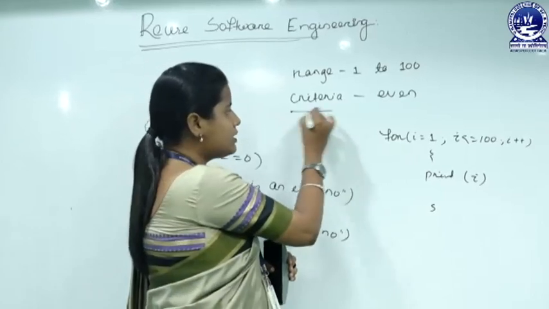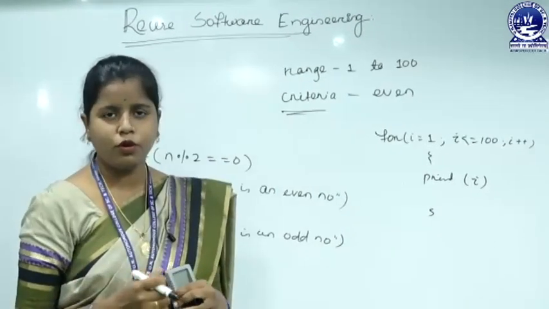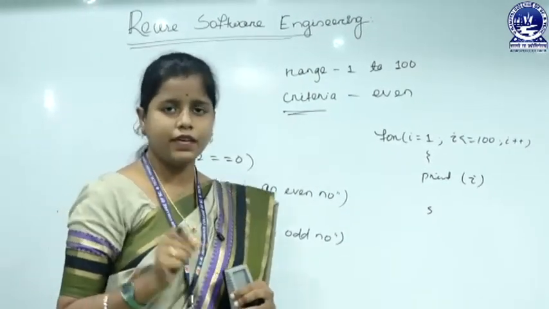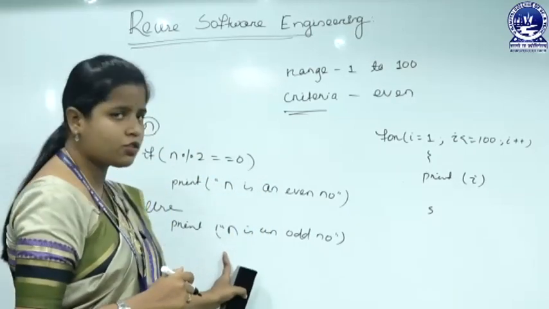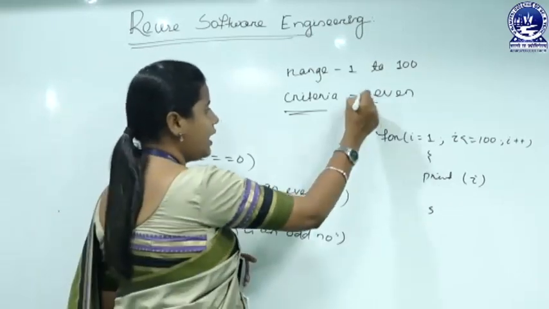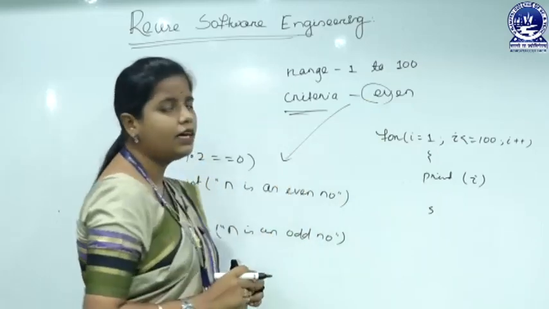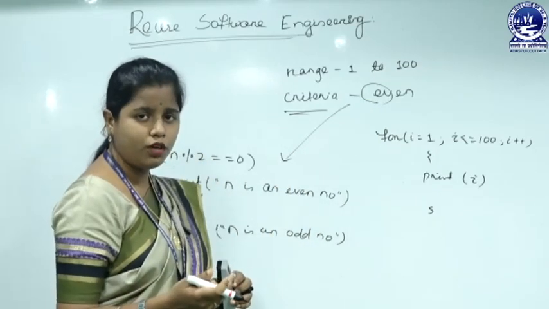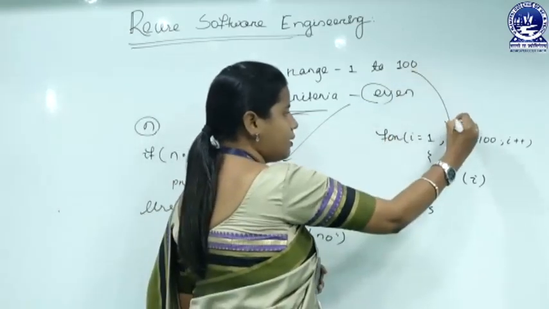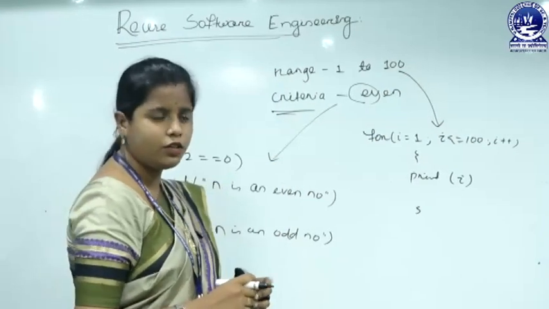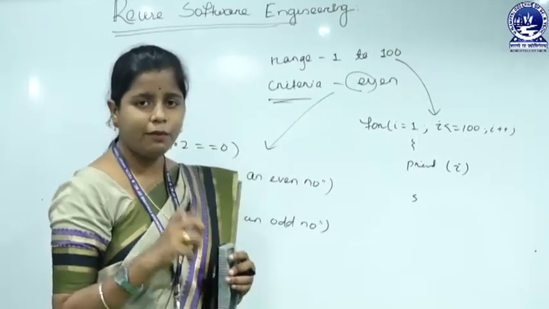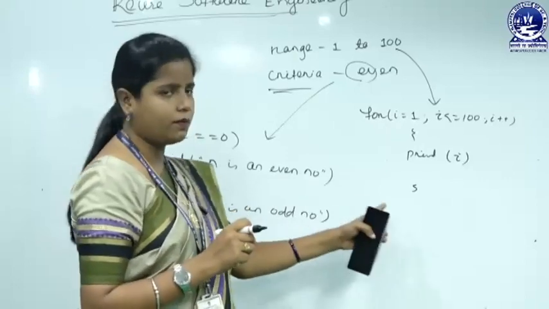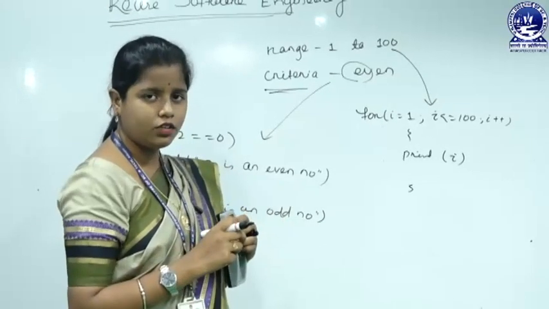So, for this, are you going to code from scratch? No, because we have the first code, the even number check, where our criteria meets, and how to print from 1 to 100, that is here. So, we have to reuse both the codes. We have to modify some of the code and integrate the codes.